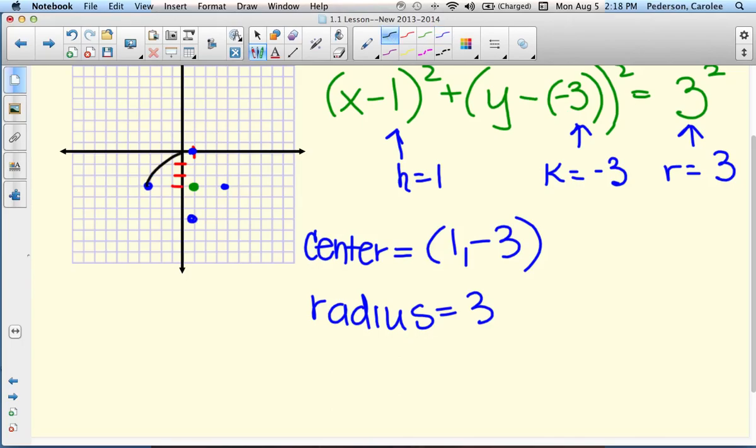And now create our circle. Oh, that circle's a little bit off here. Should be right. 1, 2, 3, right there. There we go.